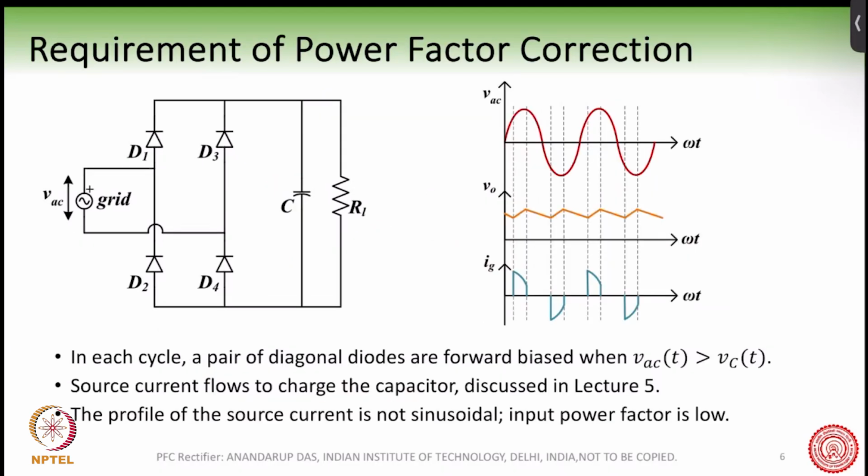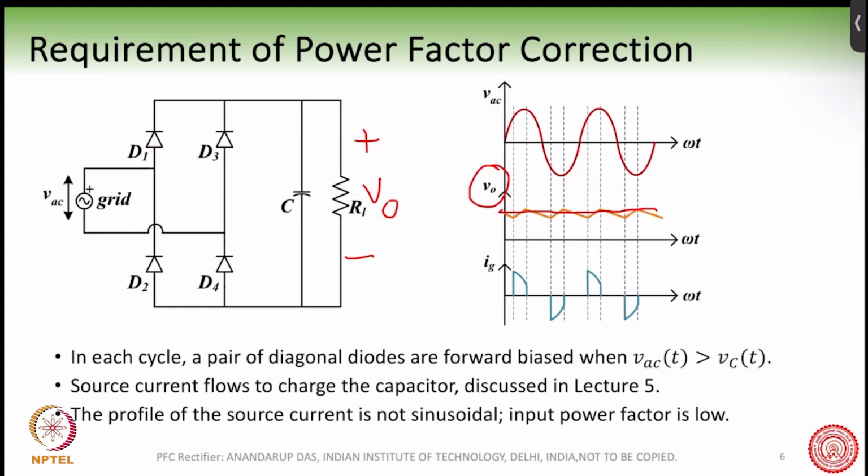Now, when we use the capacitor, there is one problem, as we have also seen before. I'm recapping all the previous things. The output voltage, as you can see here, this V0 voltage, is basically like a DC. It may have a small ripple, but it is basically DC from the input AC grid.